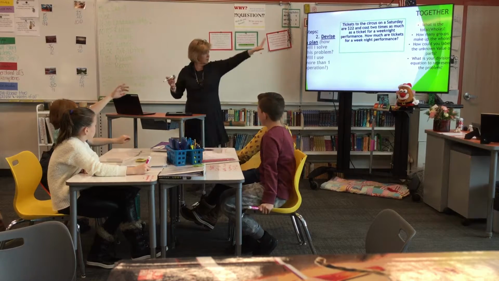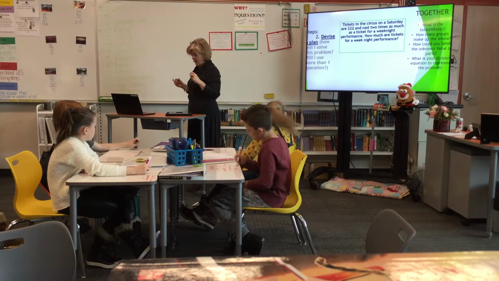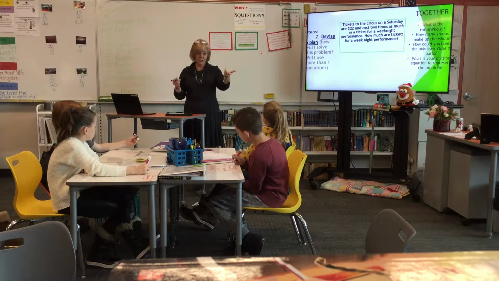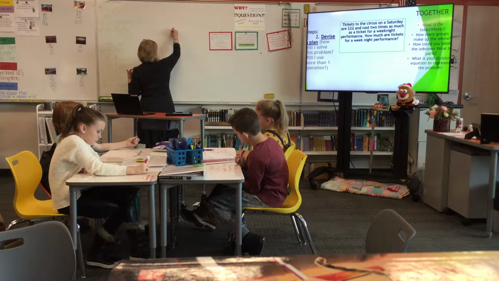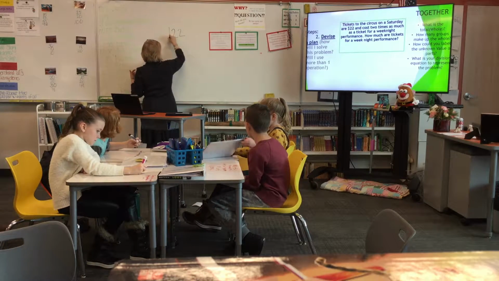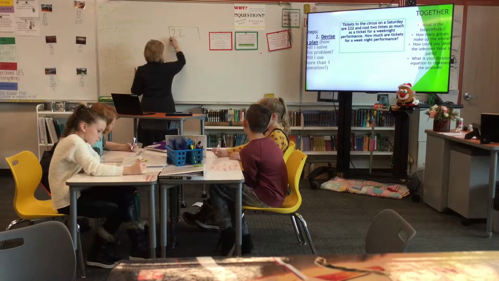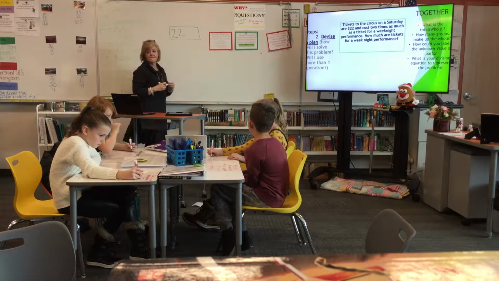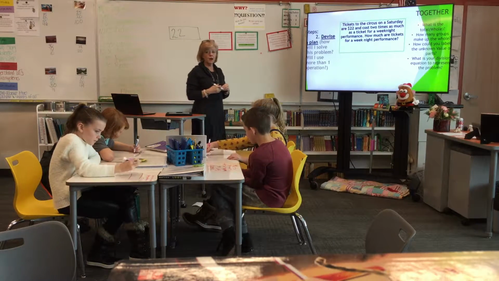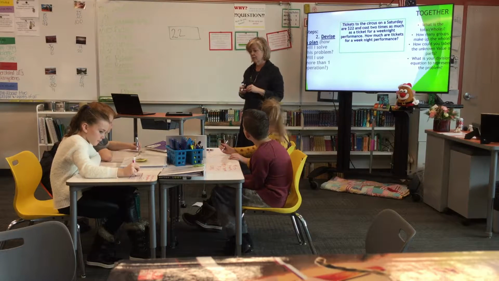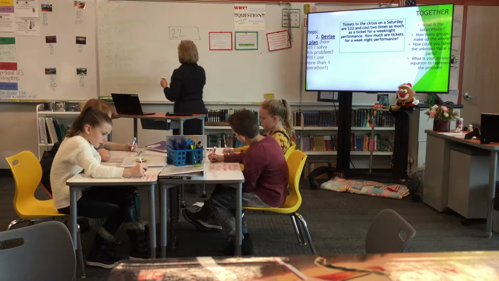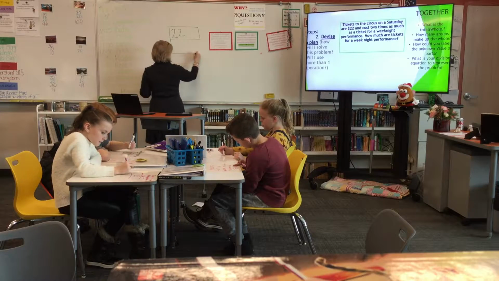What is my total, Tyson? 44? No. 22 is my total, right? And how many groups are there that are going to go under that? 2. How do you know it's 2? Because it says 2 times.